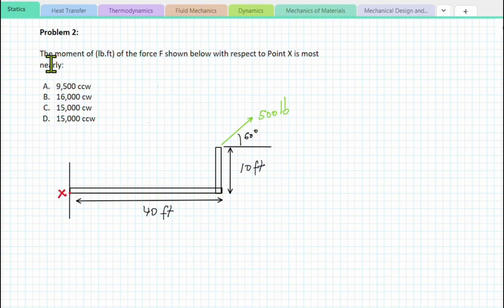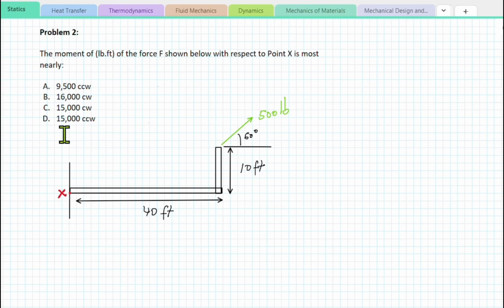So the problem reads as follows. The moment of the force shown below with respect to point X is most nearly 9,500 counterclockwise, 16,000 clockwise, or 15,000 counterclockwise. The very first step on this one will be to break down our 500-pound force into its X and Y components.